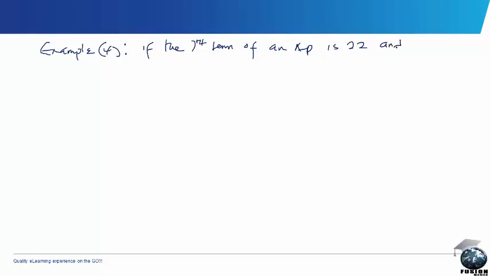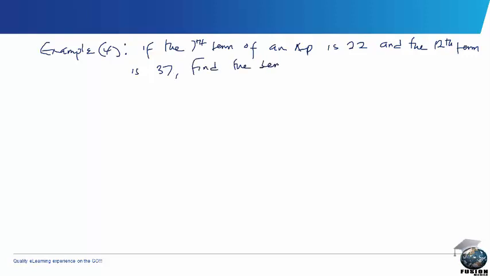So we have example 4. Now you are asked: if the seventh term of an AP is 22, and the 12th term is 37, find the series.